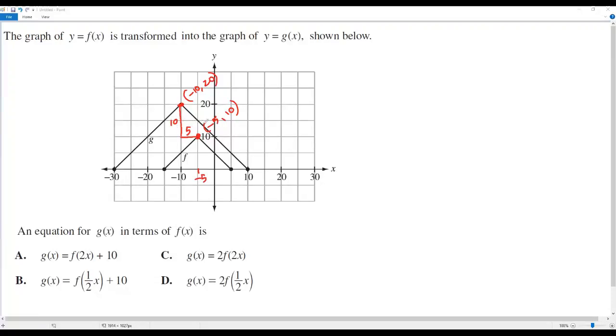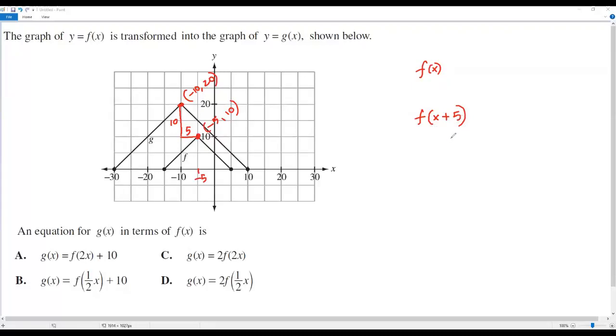Now I consider the function f of x. If I want to get g of x in terms of f of x, I have to apply the two transformations I've done here to f of x. First I apply the horizontal translation of 5 units to the left. When I do a horizontal translation of 5 units to the left, I have to add 5 to x in the function f. So x plus 5 represents the horizontal translation of 5 units to the left.